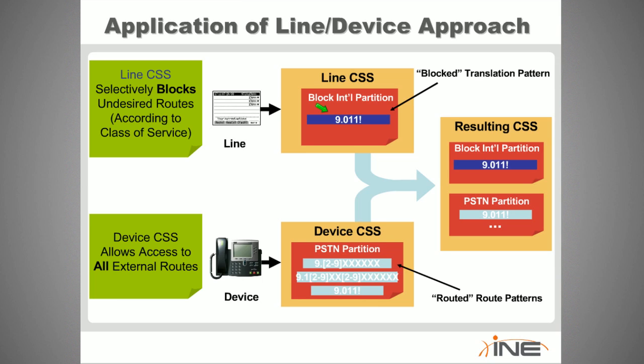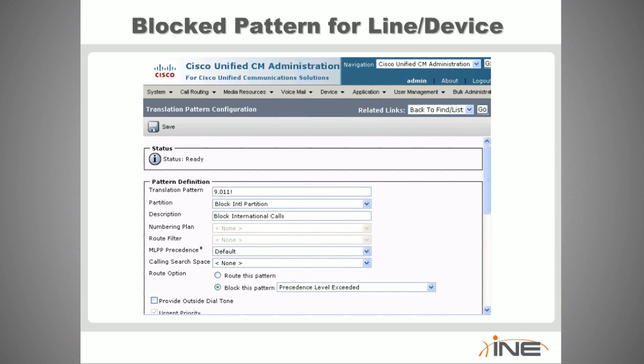So for everyone within a country, or again the US, North American numbering plan, and Canada, anyone within that numbering plan can use these 4 blocking partitions and CSSs, and then I only have to create 1 calling search space per site.